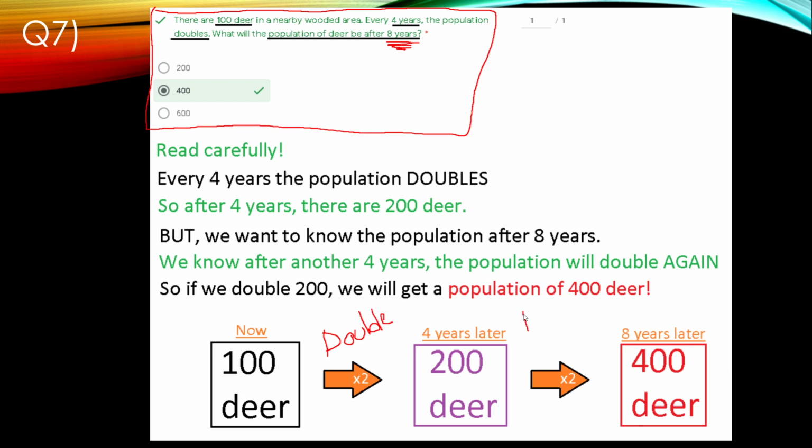So it's going to double again after 4 more years. This 200 is going to double, and it's going to give us 400. And if I asked you for 12 years later, you would double this 400 and go to 800 deer. And you would just keep doing that. That's something we'll talk about more, but hopefully you're getting the idea.